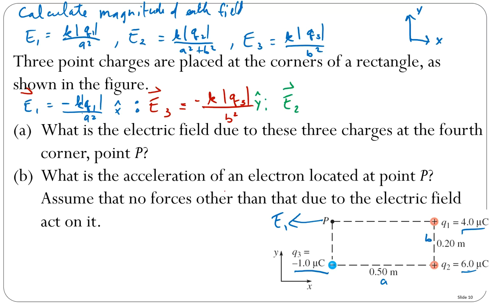Q2, it's positive, so it's going out. So E2 is going like this. And so that's going to be left and up. So the Y component is positive. The X component is negative.